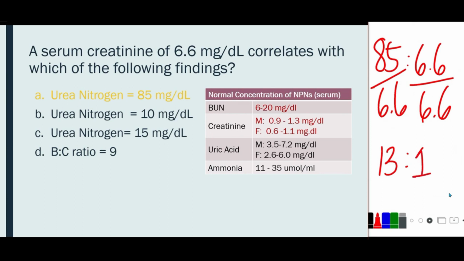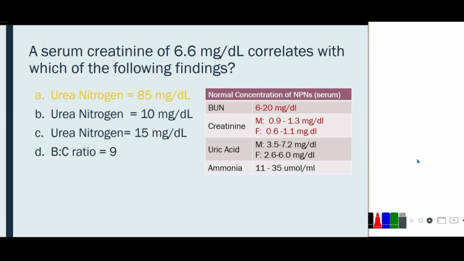So our BCR is 13 is to 1, which is within the normal range that is 10 to 20 is to 1. So how do we interpret the creatinine level here, the urea nitrogen, and the ratio between the BUN and creatinine? We interpret it as normal BCR accompanied by high BUN and high creatinine, which indicates that the increase in the NPNs is because of renal azotemia.